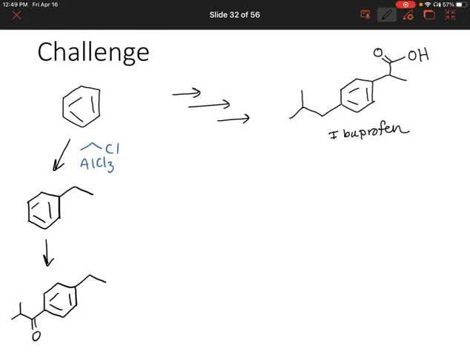So here I made sure that I had an ortho-para director attached before I added the acyl group, because the acyl group is a meta-director. Now, it is possible for you to flip this. You could have added the acyl group first, reduced it, and then added the other alkyl group. That's fine too. So the reagents here, I would have an acyl group bonded to a chlorine, and then we've got aluminum trichloride as the catalyst.